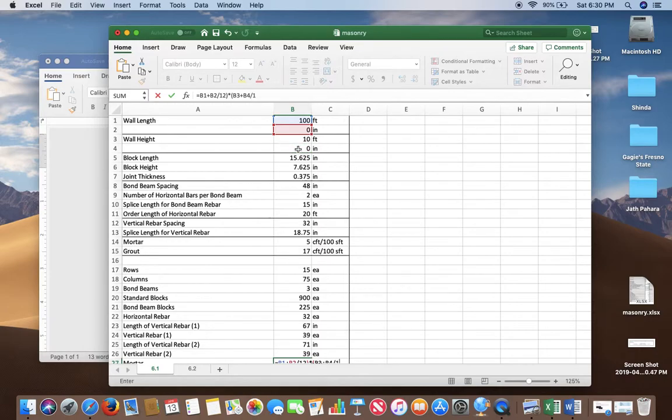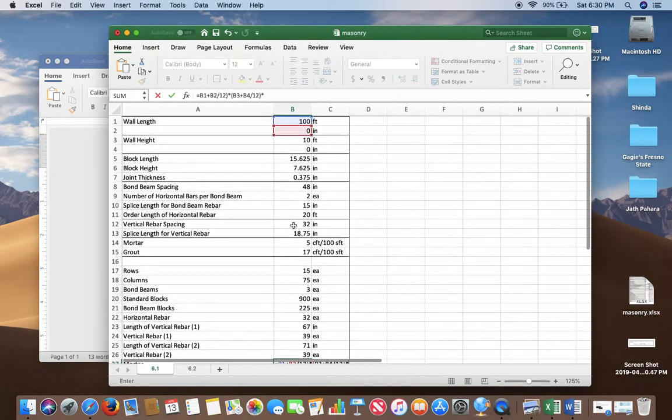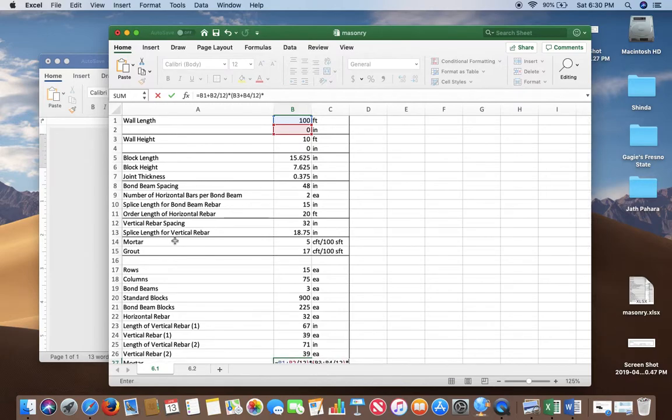And then you will be multiplying this by our B14, which is the 5 cubic feet per 100 square feet.